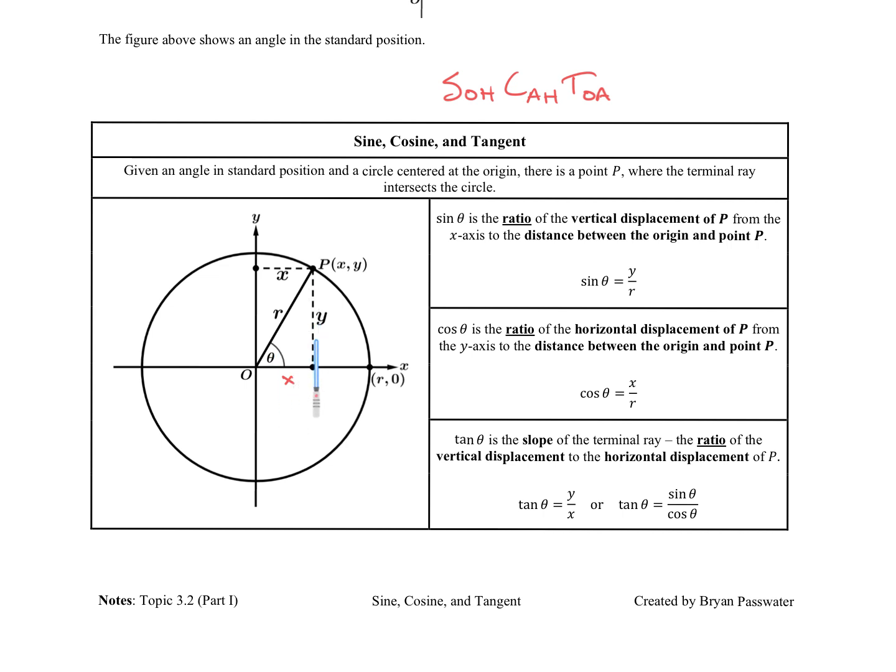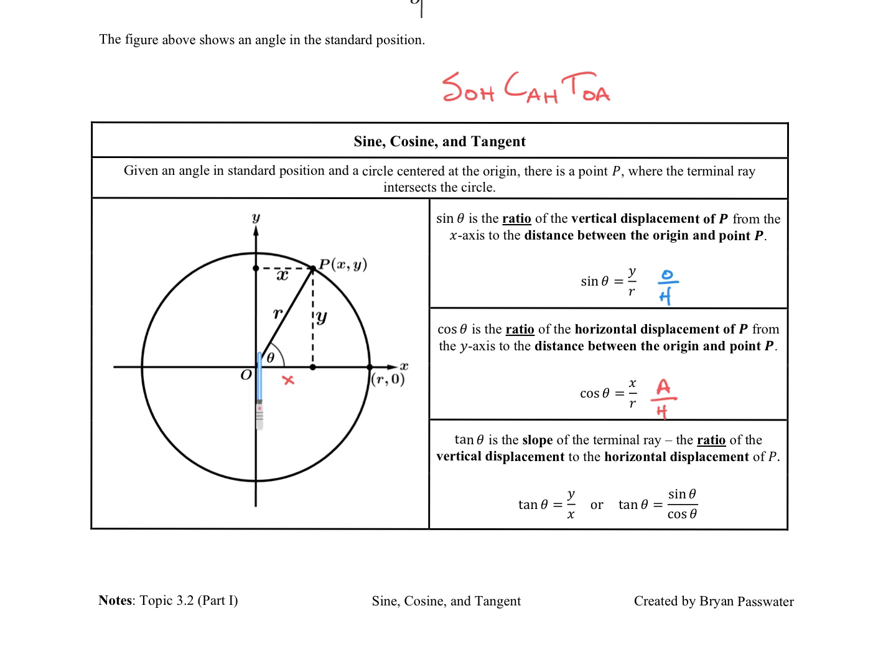opposite side. And so if we're dealing with the sine of theta, sine means opposite over hypotenuse. Our opposite is our y value over our hypotenuse, our radius. And then our cosine is adjacent over hypotenuse.